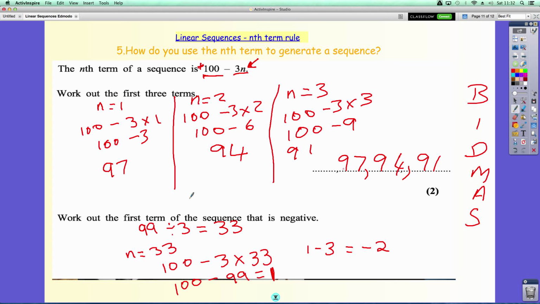Just to recap quickly what I did there: I checked to see what's the closest I could get to 100 with my multiple of 3, and that was 33. That told me that my n was 33. And after multiplying and substituting it back into the nth term, I found that that would get me a value of 1. Subtract 3, and then I get my negative value.